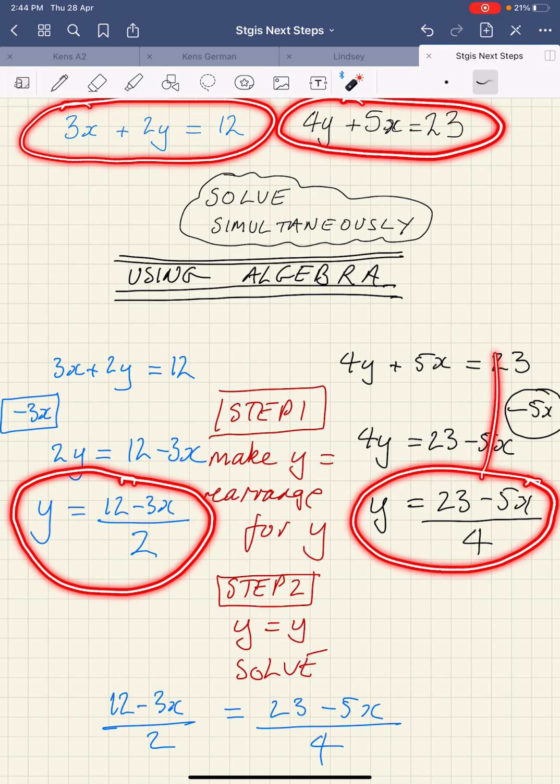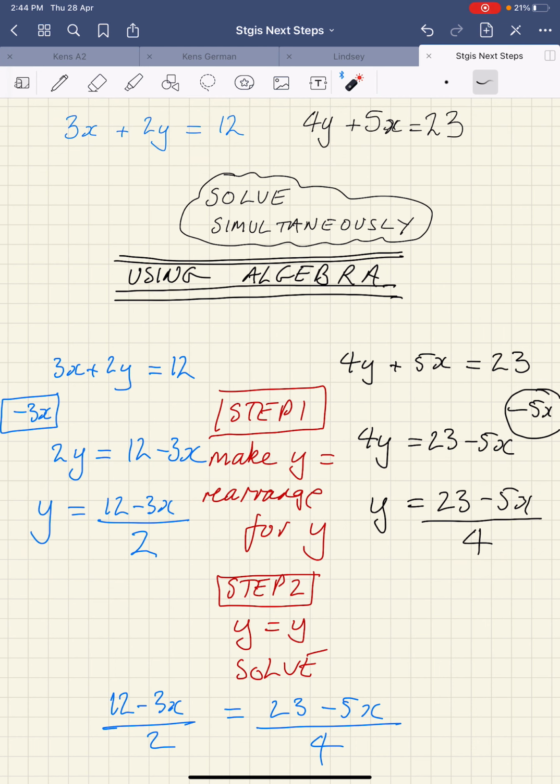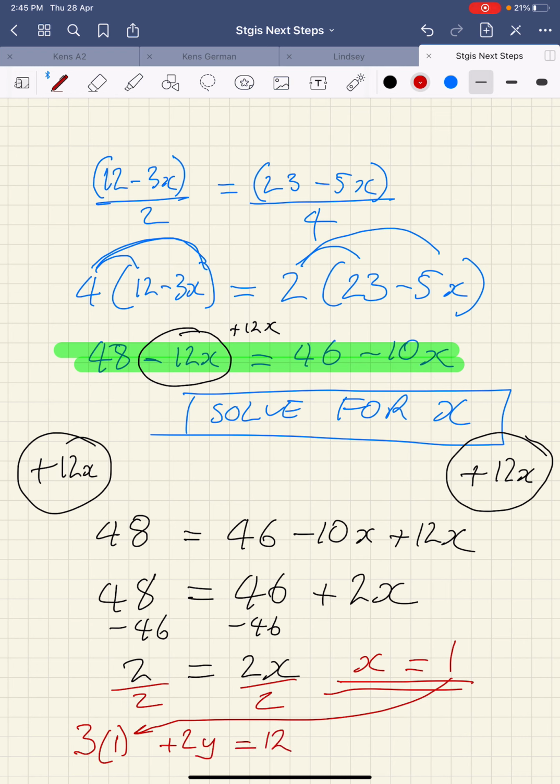It doesn't matter which of those 4 equations we choose to find the y. Maybe let's just take this one, 3x plus 2y equals 12. So we've got 3 times by the x plus 2y equals 12. And you can see that 2y equals to 9, because we subtract 3 from both sides.